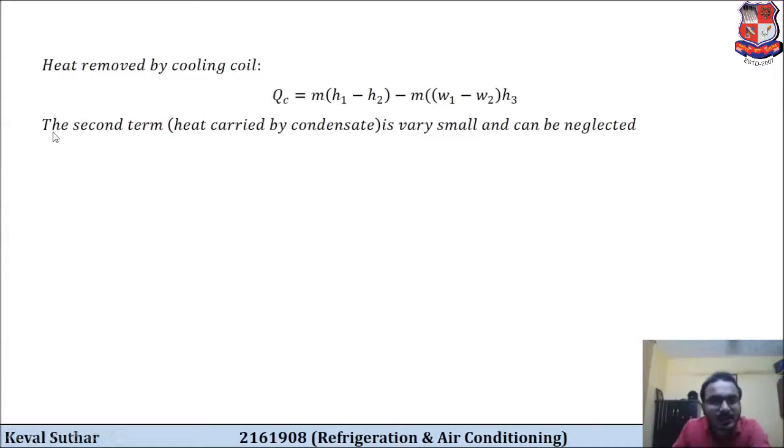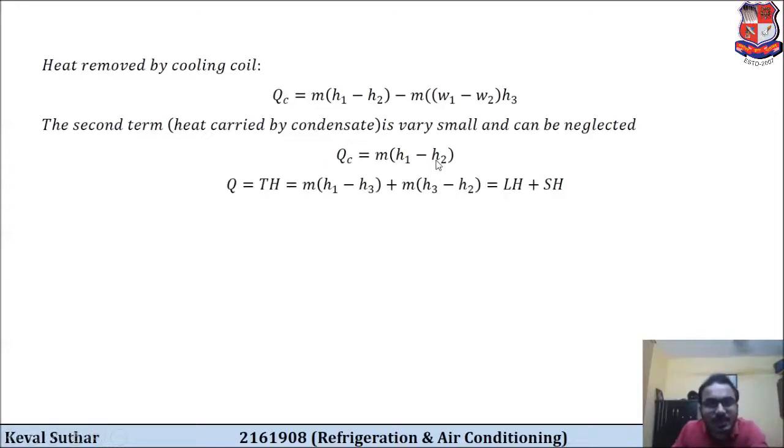The heat carried by the condensate is very small and it can be neglected. So QC will be equal to only M into H1 minus H2, that is the enthalpy difference between air entry and air exit.